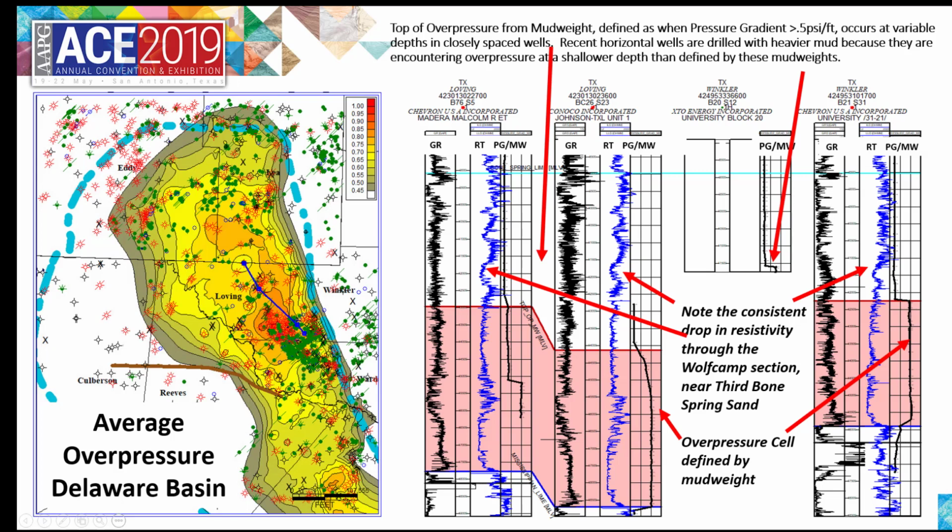My point was that these two wells were very close, and I'm immediately going up to about a 0.6 psi per foot pressure gradient, and over here, I'm just barely getting above 5 right at this point, and then leaping up to 0.6 psi per foot.